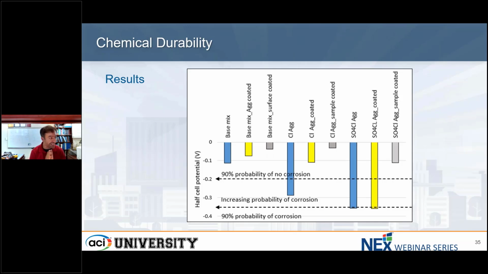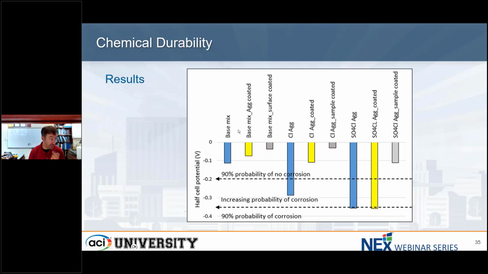Ooh, look at this. Okay, so if you guys have done half cell potential measurements, you're trying to stay in a certain region of potential because that indicates that there's likely no corrosion occurring. On the left, we have our base mix, and base mix in this case means we are using aggregates that have no contamination.